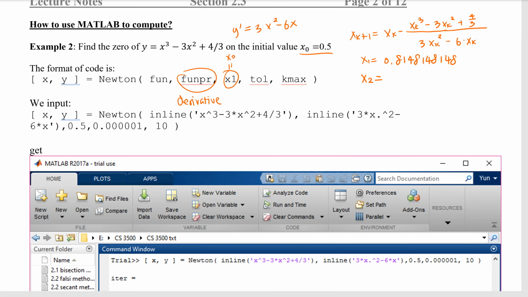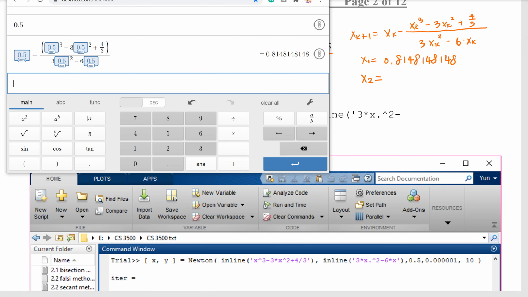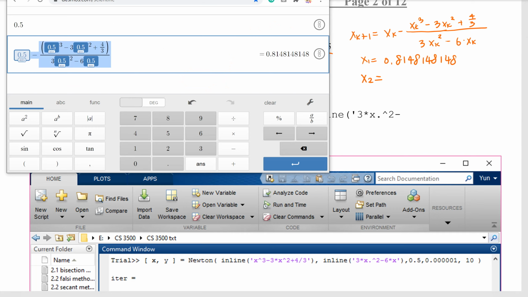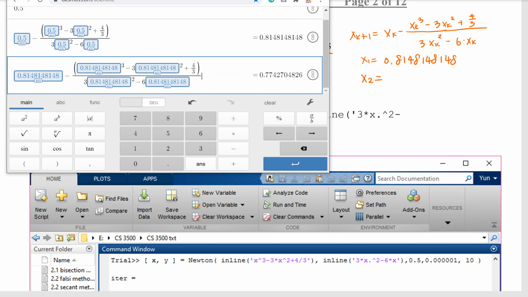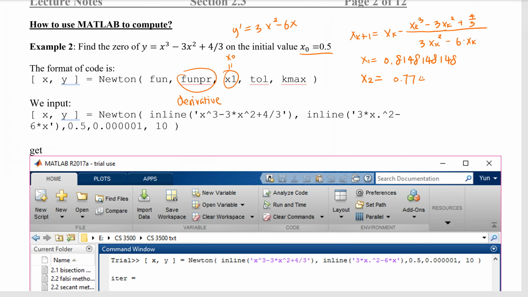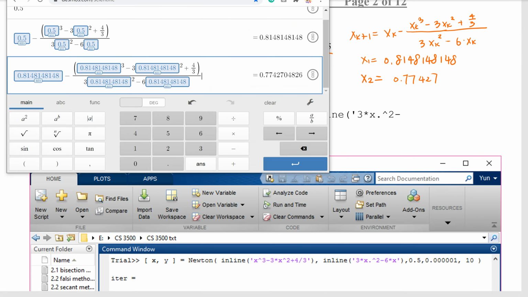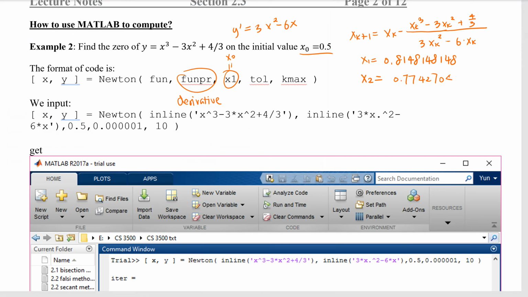Okay, so we get 0.77427, and then 04826. Okay, how about x3?